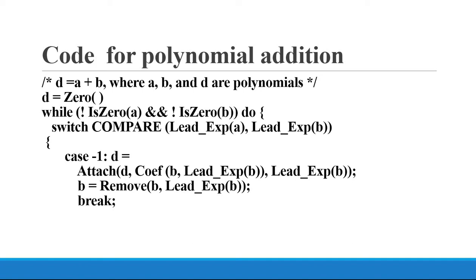Then we will consider the lead term fetched from polynomial b, which is greater, and attach it to the resultant polynomial. The coefficient and exponent of the term we attach come from the lead term of polynomial b. Then we'll remove the term as we have handled it, and move to the next term in polynomial b.